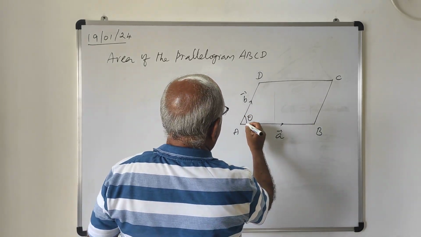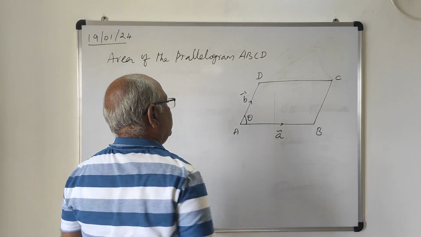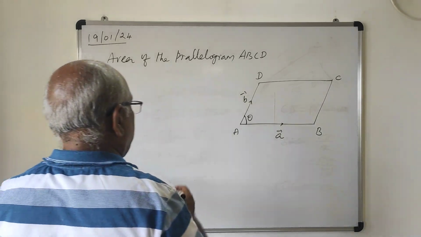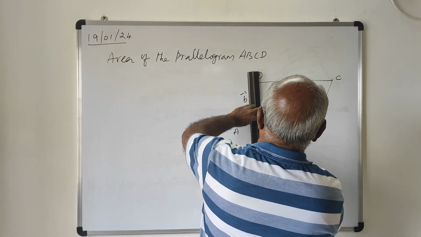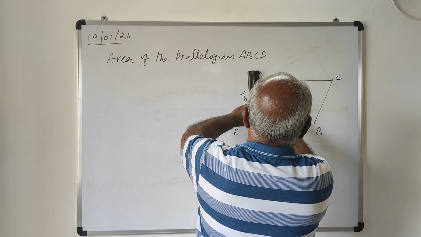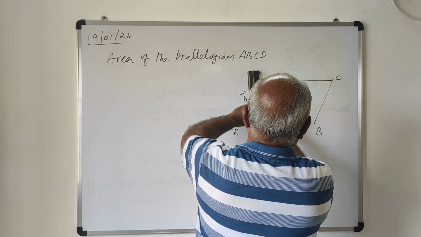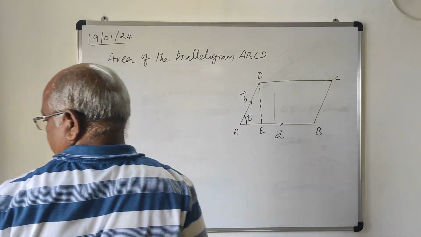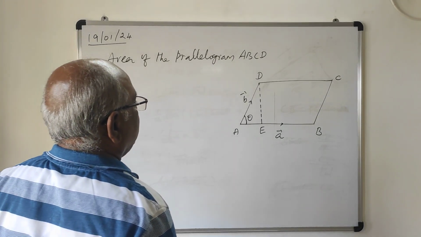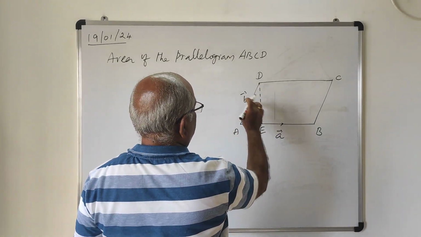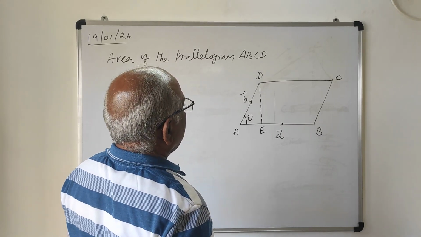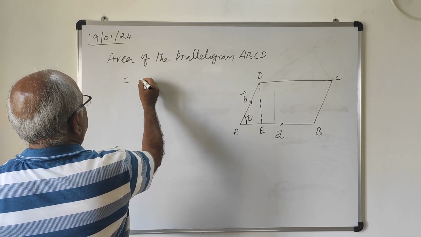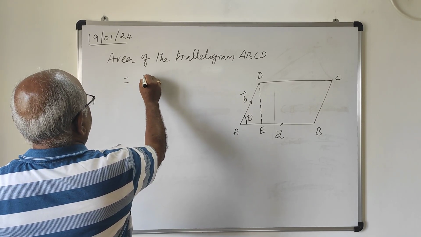Here also, if you draw a perpendicular DE from the opposite vertex to the base, DE is mod B sin theta, you know. So the area of the parallelogram is nothing but base into height.